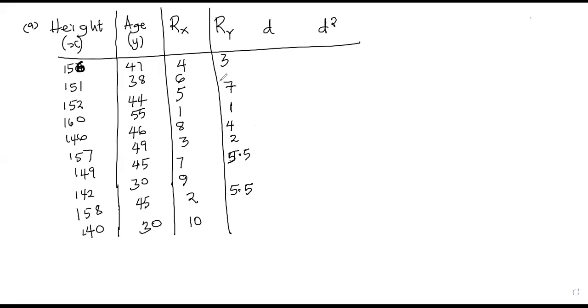Then 38 will take rank 8. Then 30, 30, ranks 9 and 10, by average you get 9.5 here and 9.5 there. So these are the ranks.